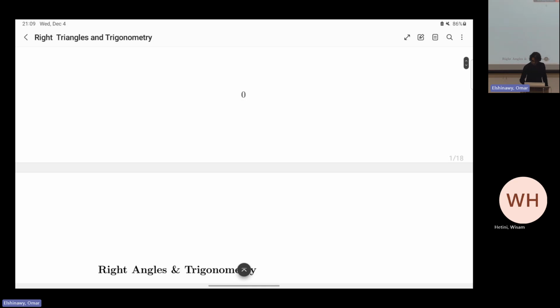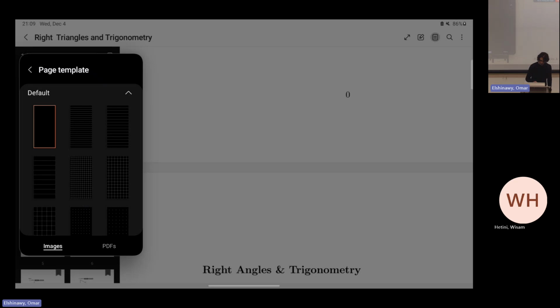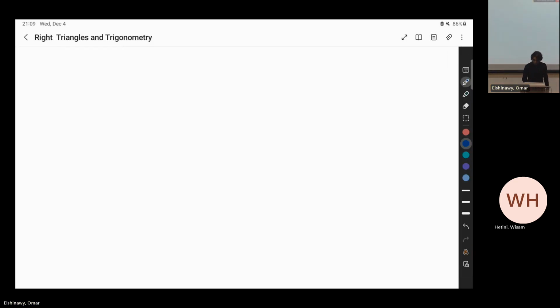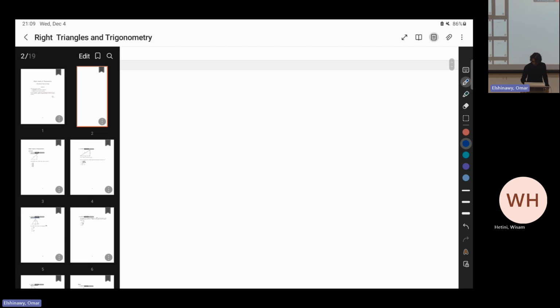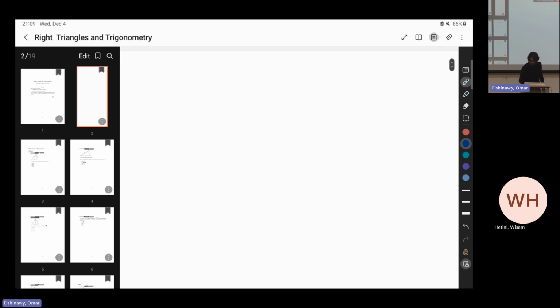Yeah, of course. So we can do a quick tutorial in right triangles. Right triangles have been the interest of the Pythagoreans. They're mostly the ones who developed this field of mathematics.